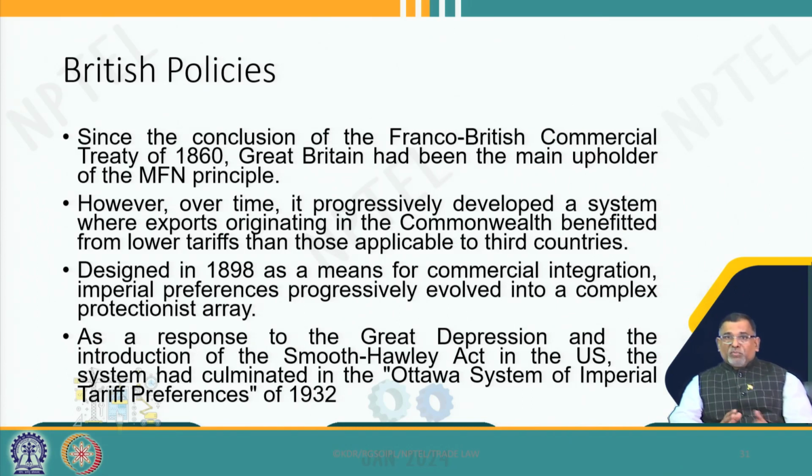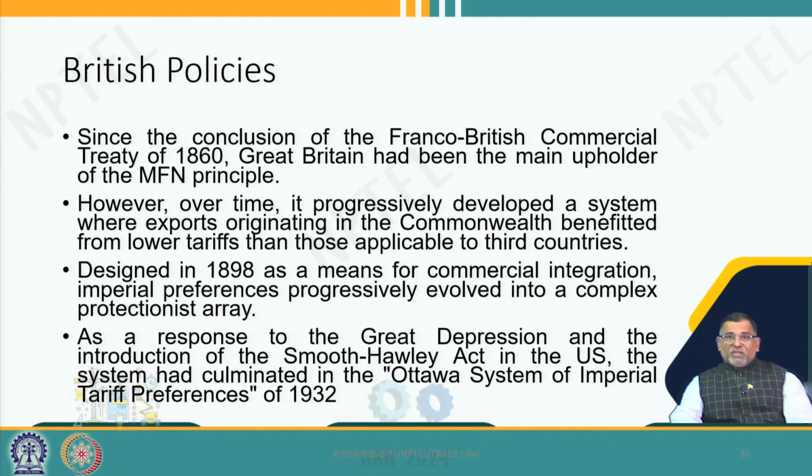So, the most favored nation treatment is one of the cardinal principles mainly because of the contribution of the UK to the GATT principles. Most of the Commonwealth countries benefited from this. Again, you can say that commercial integration of countries will happen only when there are no protectionist measures against each other.